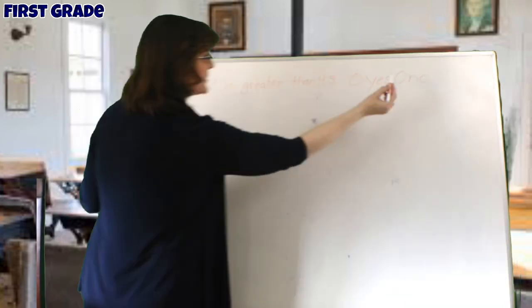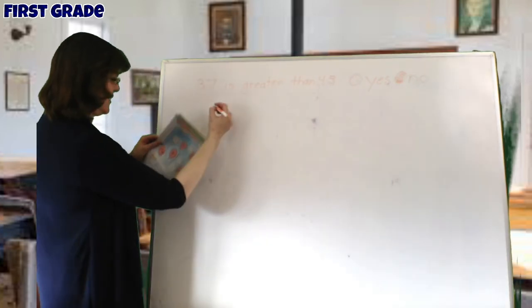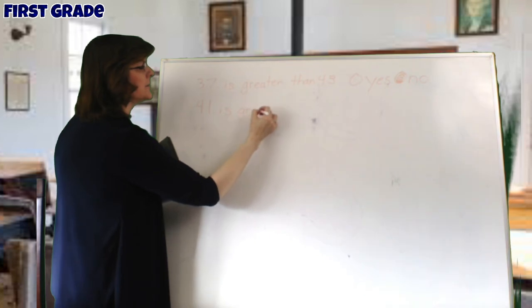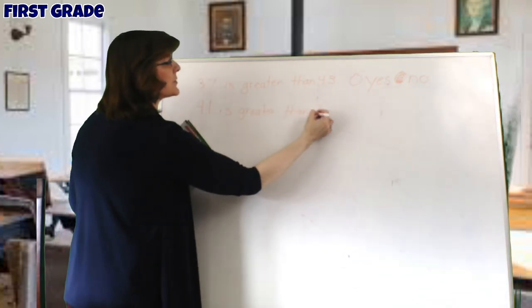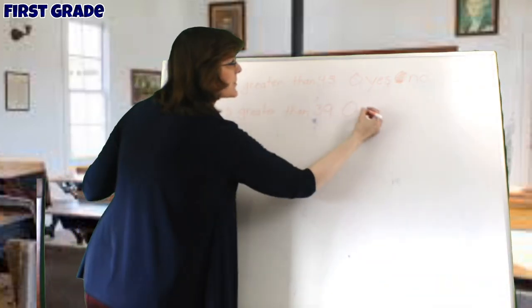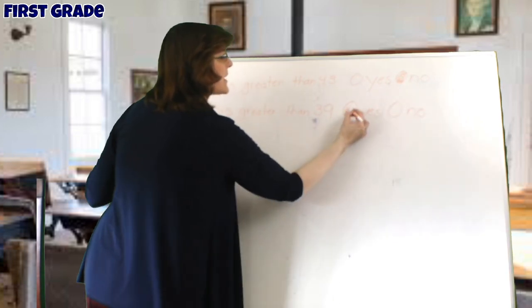That one has to be a no. So we will bubble in no. The next one. 41 is greater than 39. Well, look at the tens first. A 4 is more than a 3, so that one we would bubble in yes, that is true.